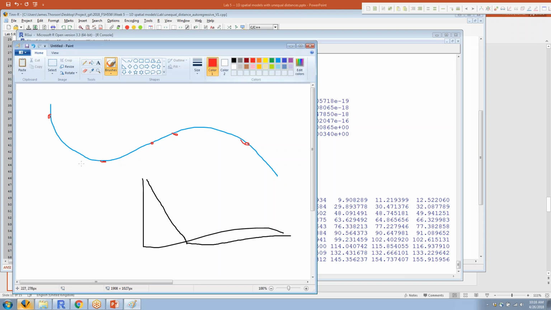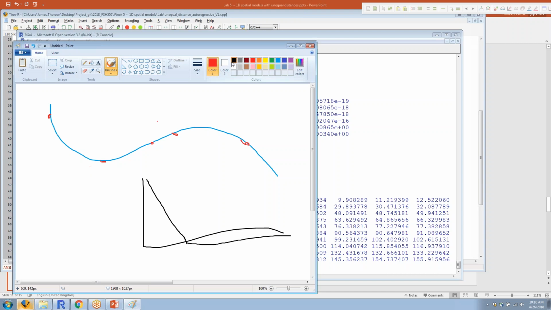In this case, this site would probably be far enough away that the correlation from this site to this site is 0, but the correlation from this site to this site is non-zero. So I guess maybe the linear is reaching 0 such that only these two sites are correlated and all the other sites are uncorrelated, just kind of eyeballing it.